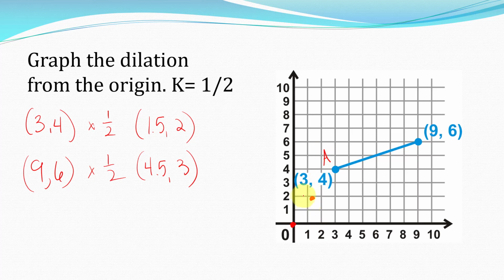We'll call this A, so we can call this A prime. We'll call this B, so we can call this B prime. And there you go. That's the dilated shape. What you'll also notice is that these will always make a straight line from the origin that it was dilated from.